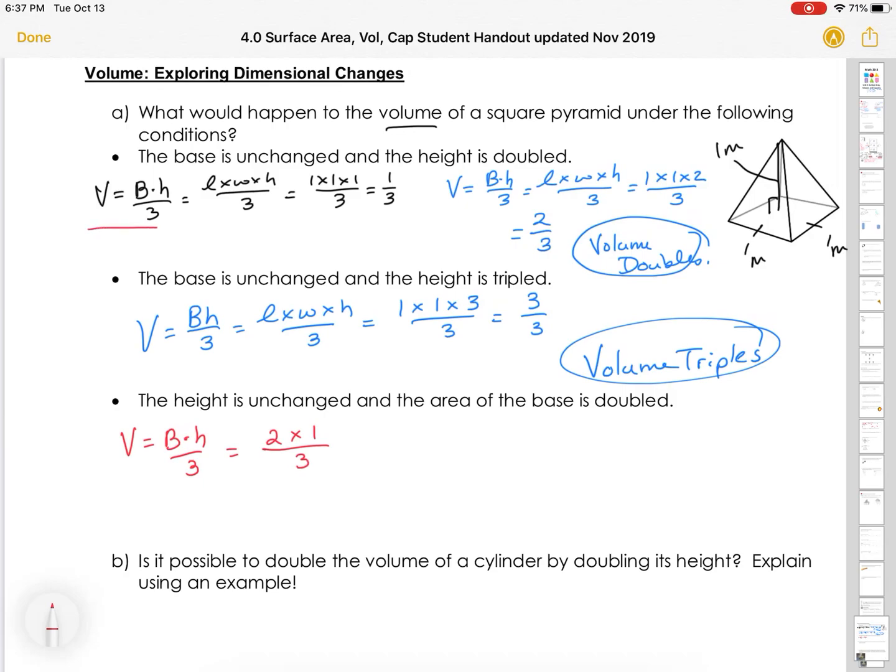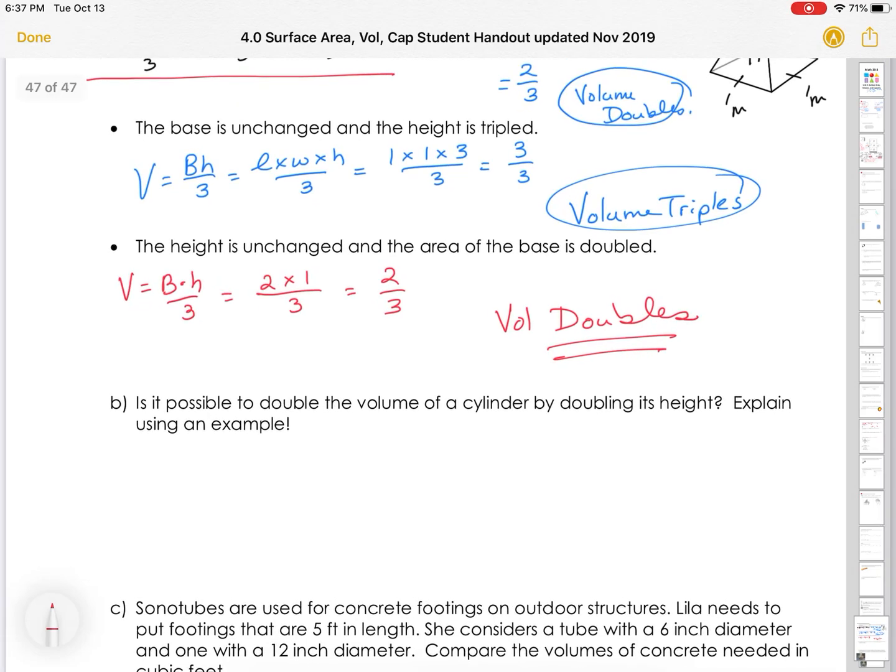So 2 times our 1 for our height. So I'm comparing it to this original one. Gives me 2/3. Okay, so what happens if you double the size of the base, the volume doubles. Okay, so we can see kind of the impact.